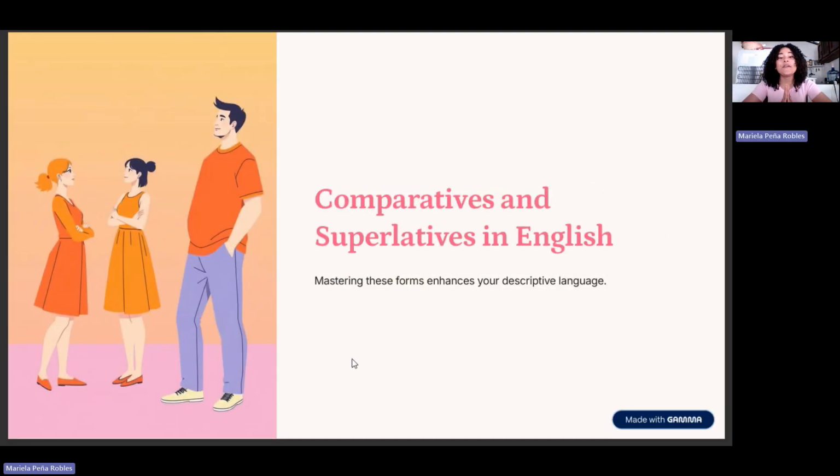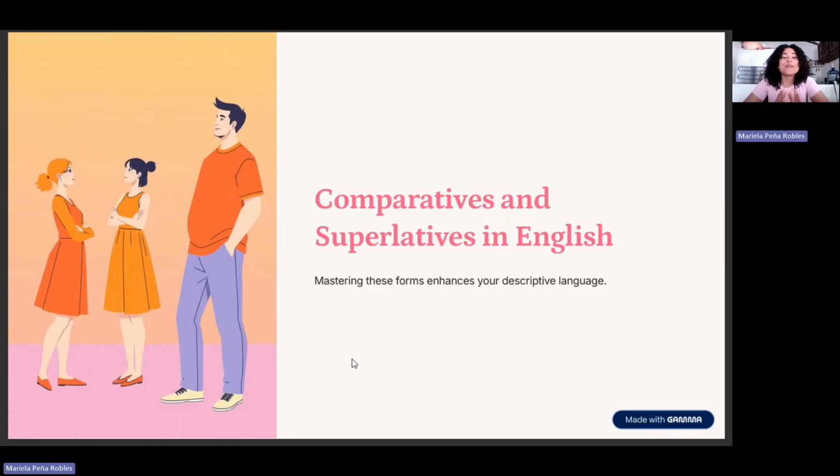Today we're going to learn about the comparative and superlative in English, including their definitions, rules, and examples. Well, let's start. Comparative and superlative are essential tools in English that help us describe and compare the world around us with greater precision.